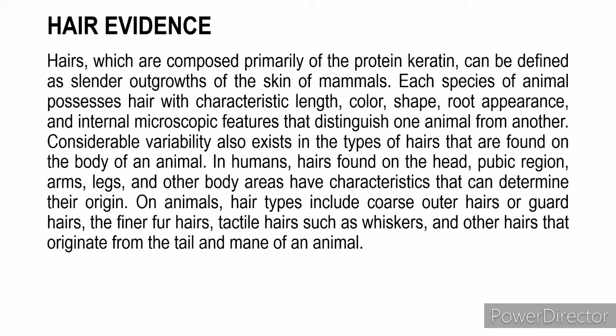On animals, hair types include coarse outer hairs or guard hairs, the fine underhairs, tactile hairs such as whiskers, and other hairs that originate from the tail and mane of the animal. So sa hair evidence, marami siyang klase, mapa-human or animals, at meron din parte ng katawan.